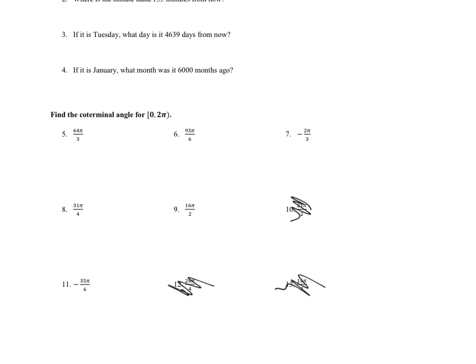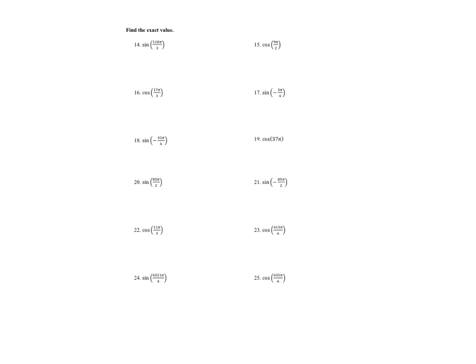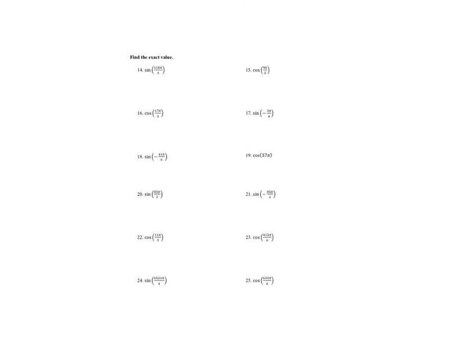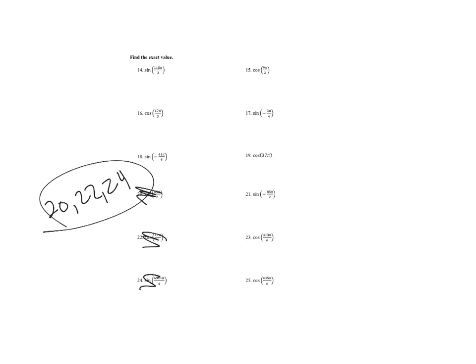So you're looking at 1, 10, 12, and 13. Don't do. Now on the back side, let's go 20, 22, 24. You can skip those 3.